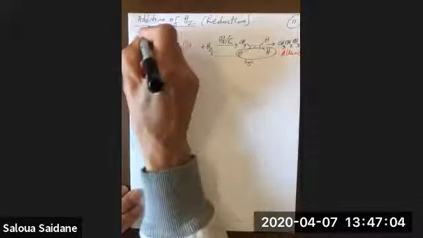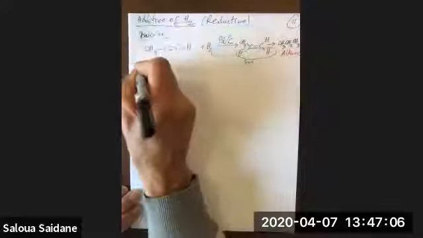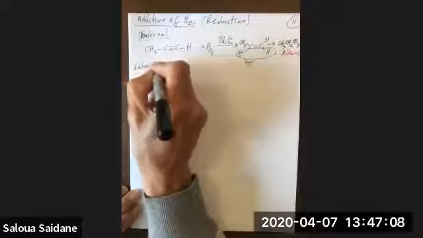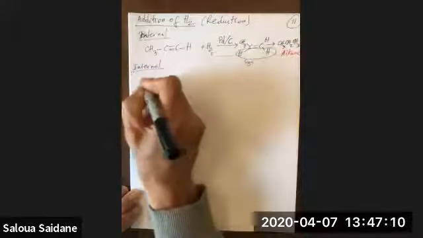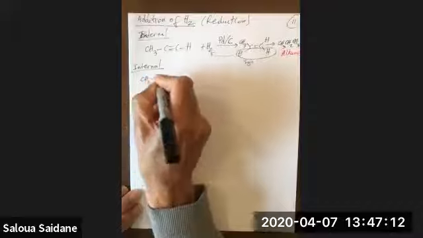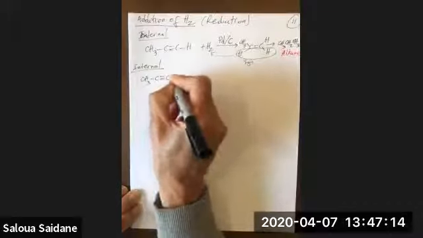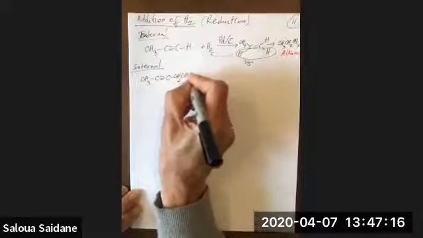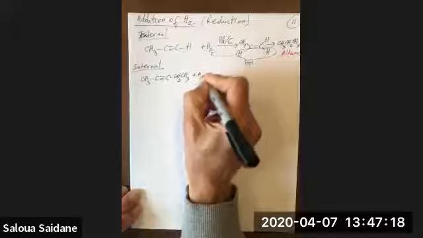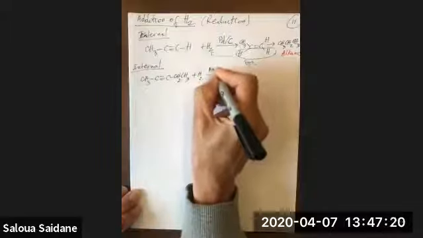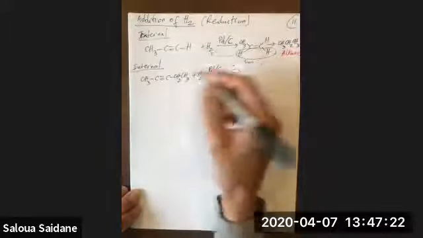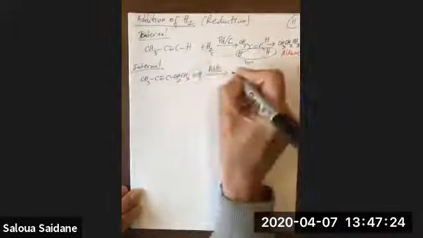I'm sorry, this should be external and then internal. So CH3, C, CH2, CH3, just like the previous scenario. If you use palladium in the presence of carbon, first step, you're going to end up with an alkene.